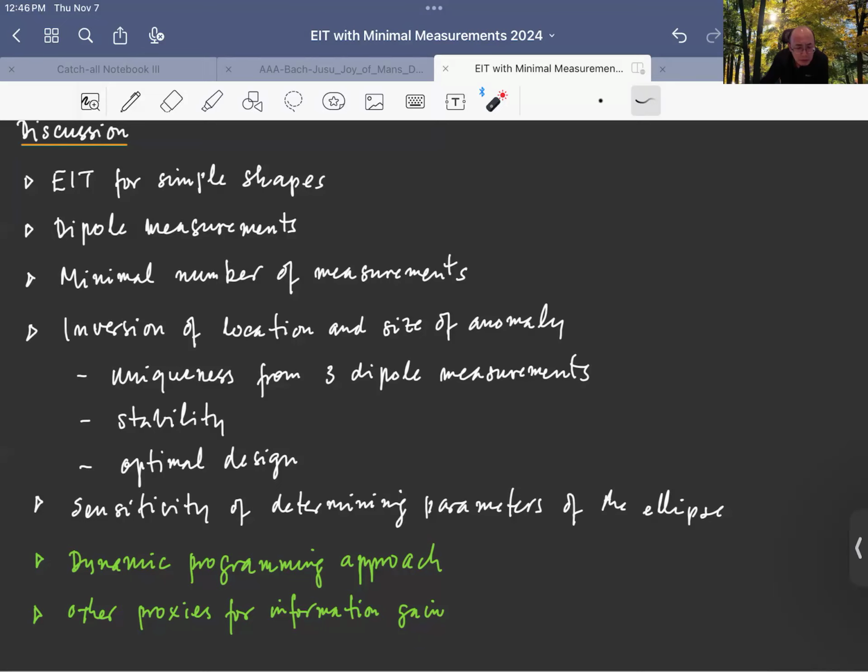Okay, so I have two questions. First, if you have two small ellipses that are pretty much near each other, and you use your formulation, what are you going to end up with? One ellipse which summarizes all the information, or two ellipses?